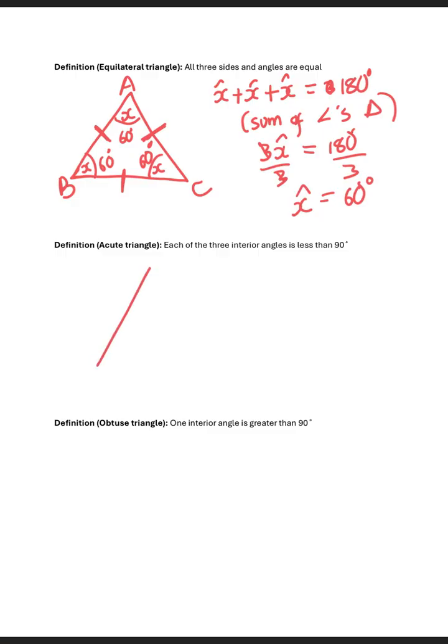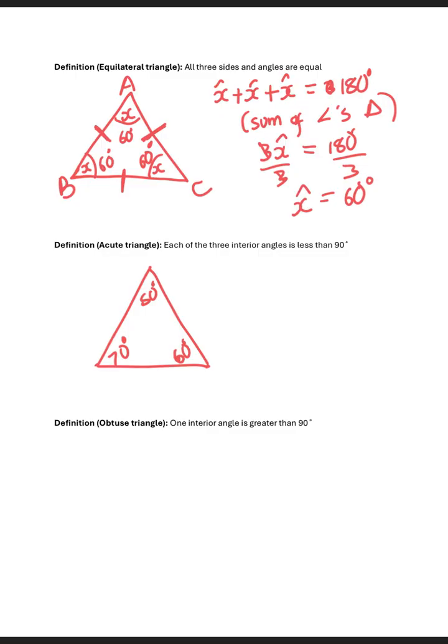So let's draw. We have this triangle here. So the angles, let's say we can have 50 degrees, we can have 70 degrees here, and then we can have 60 here.